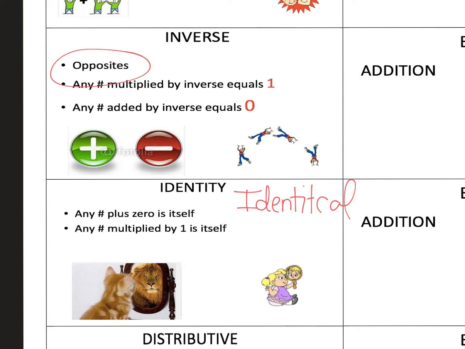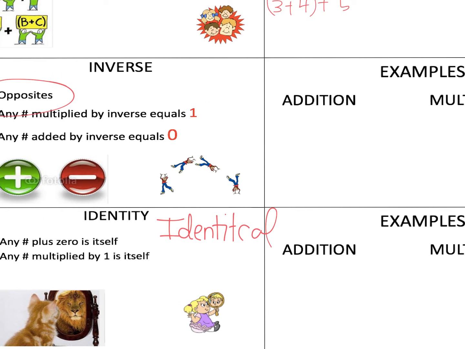When we add the inverse, we end up with 0. So an example of that would be 3 plus negative 3 equals 0, right? 3 and negative 3 are opposites, or A plus negative A equals 0. Okay, addition adds to 0.